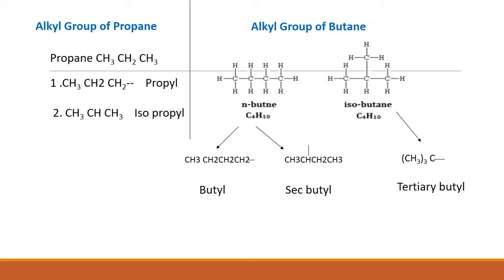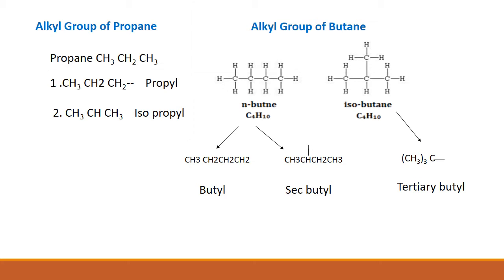So when one H is removed from a terminal carbon, its name will be propyl, CH2CH2CH3 with a dash. If H is removed from the central carbon, or second number carbon, its name will be isopropyl, CH3CHCH3 with free valency.